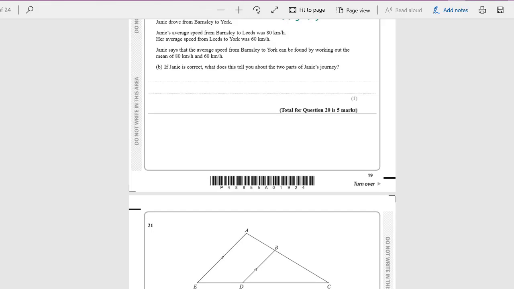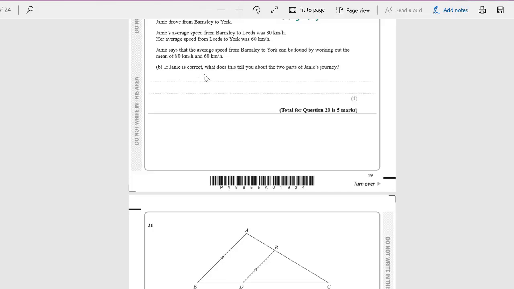So the next part is Janie drove from Barnsley to York. Janie's average speed from Barnsley to Leeds was 80 kilometers an hour. Her average speed from Leeds to York was 60 kilometers per hour. And then Janie says that the average speed from Barnsley to York can be found by working out the mean of 80 kilometers an hour and 60 kilometers per hour.